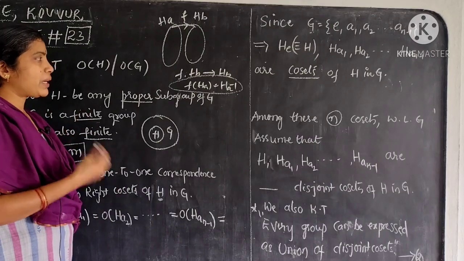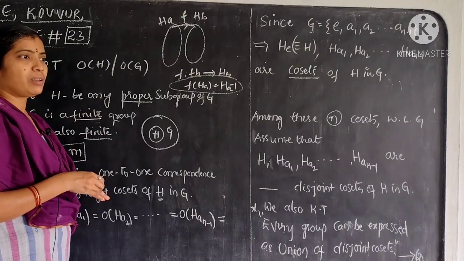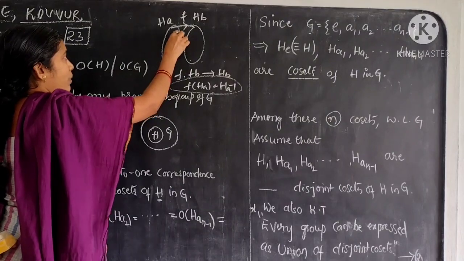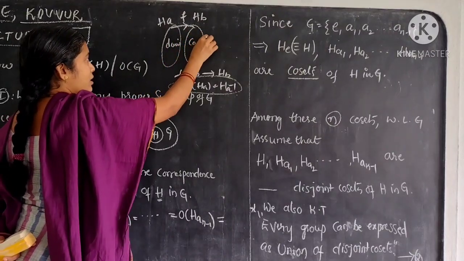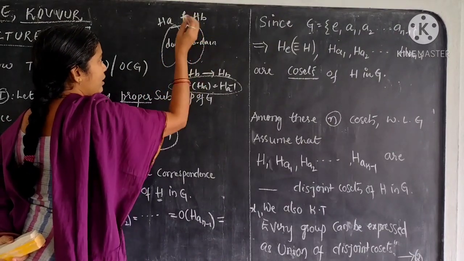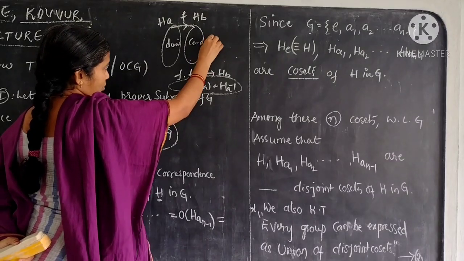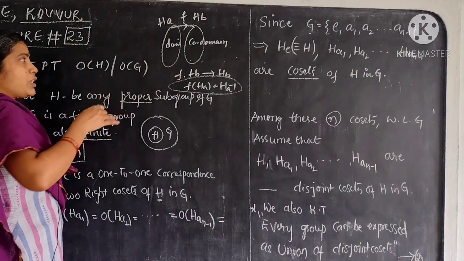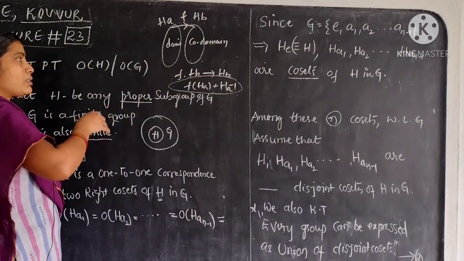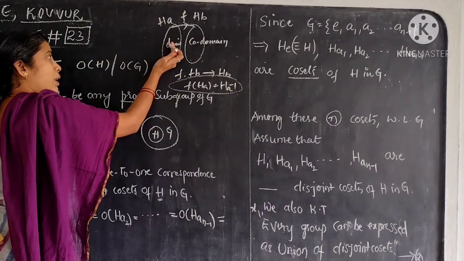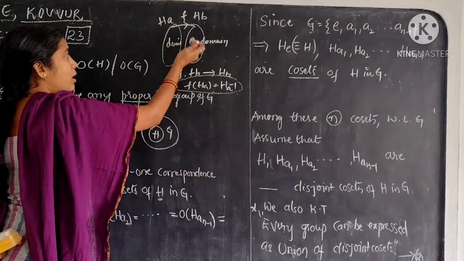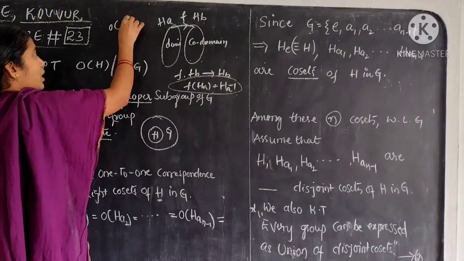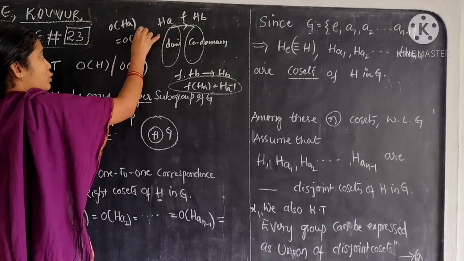Whenever the function is bijective, generally any function consists of a domain and a codomain, isn't it? Any bijective function gives the result that the number of elements in the domain is the same as the number of elements in the codomain, which means the order of HA is equal to the order of HB.